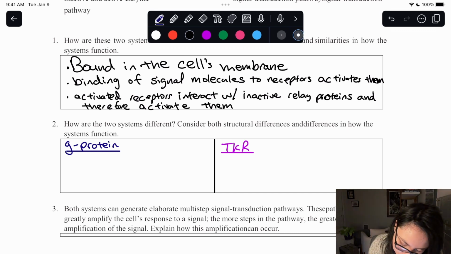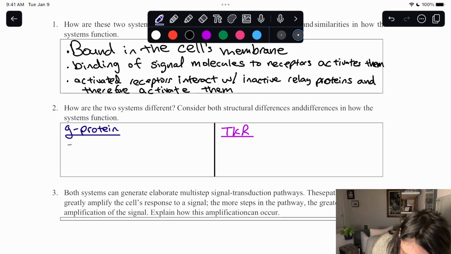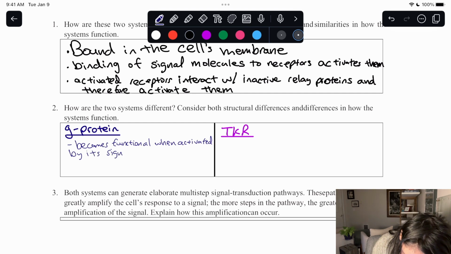The main thing I want you to walk away with in terms of how they are different is that the G protein becomes functional when activated by its signal molecule.